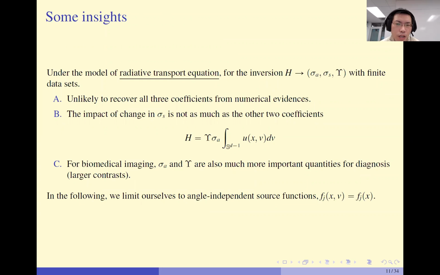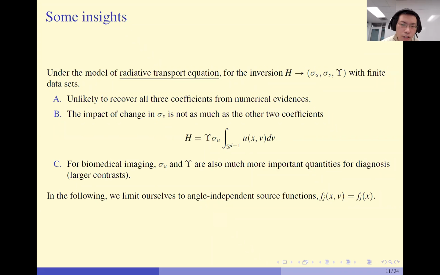That is, we cannot reconstruct all three coefficients. We can only do two of them if the third one is known. This is exactly true for the diffusion model, and in the transport model, this is also true if we are given the full map, but we don't know whether that's true for finitely many sources.